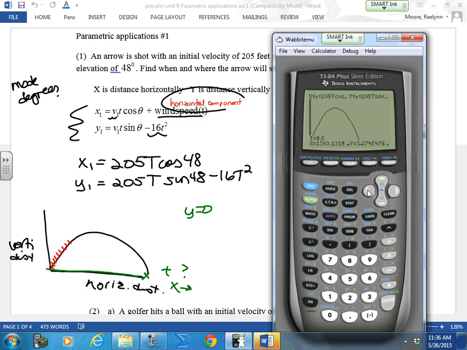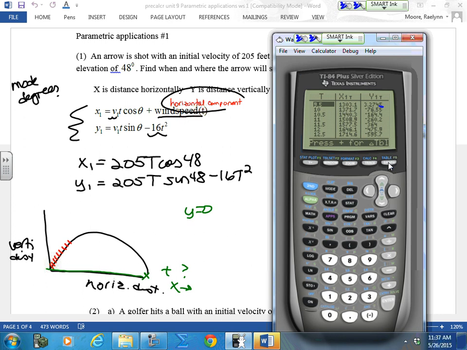So if you went into your table right now, start your table at 9.5 and just do 0.5 right now, just so I can show you the difference. Here you are at 9.5, here you are at 10. So do you see where we hit the ground right in here?